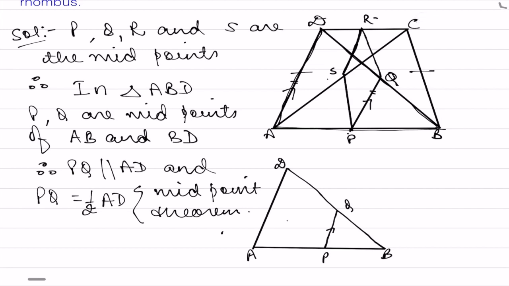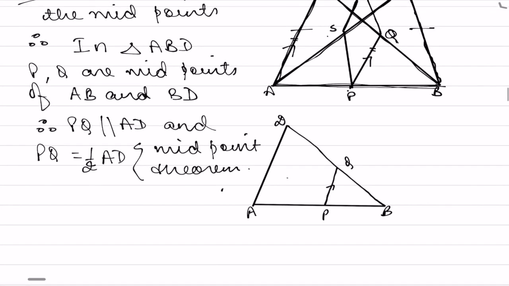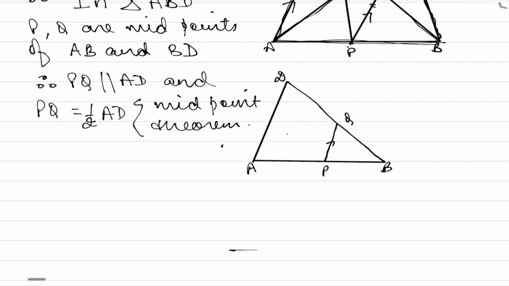Similarly, if I take the other pair, triangle ABC, again if you are having difficulty in understanding this complete figure, just break this figure, draw ABC separately and see which sides are the midpoints. So I am drawing ABC separately. So ABC, and we can see that again P is the midpoint of AB and S is the midpoint of AC.